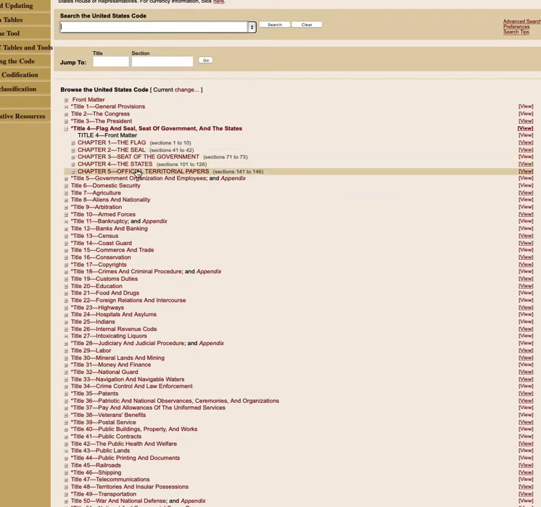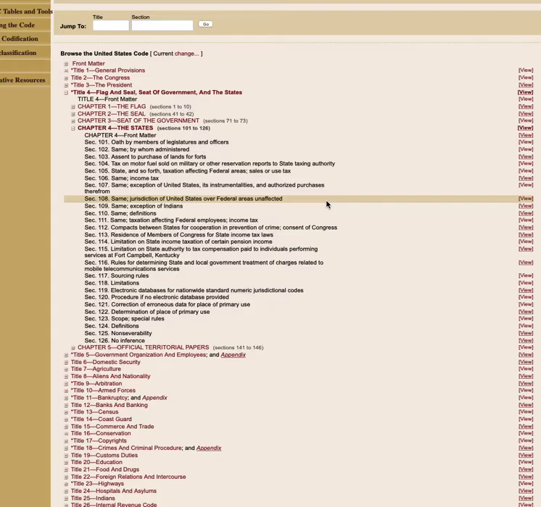And this is where it talks about the states and the relationship between the federal government and the states. Jurisdiction of the United States over federal areas unaffected. Jurisdiction over those areas in the states. Taxation affecting federal employees, income tax. This is where the real taxing is done. This is Title I, Chapter 4, Section 111.